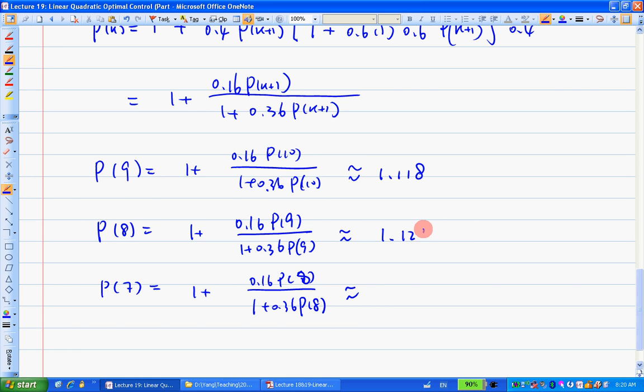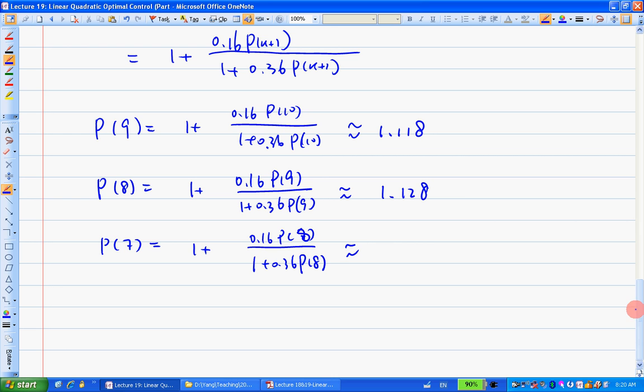Yeah. Increasing. Oh yeah, okay. Like this? Yeah. And this one should be pretty close now. Yeah, 0.128. It converges, right? If you try a few more steps, I think it'll be basically the same thing.